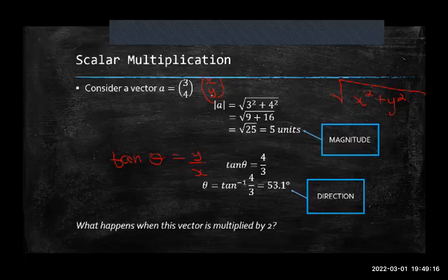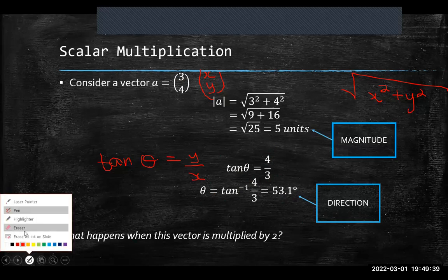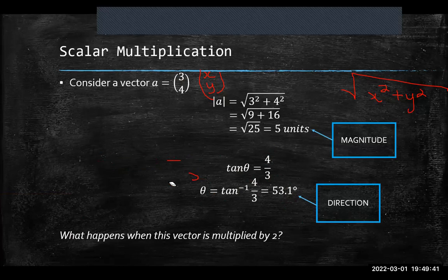Y, which is always the bottom number, is 4. So tan theta is 4 on 3. Why 3? Because the x is 3, the number on top. Tan inverse of 4 on 3 would give me my value of theta, which is 51.3 degrees. So that's the direction of this vector, the angle that it makes with the x-axis.